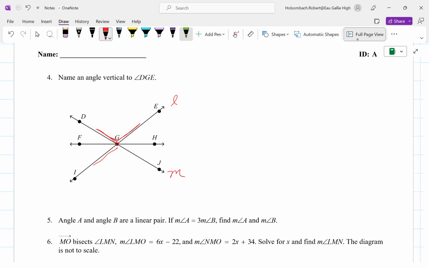And these two angles are called vertical angles. And this angle has two different ways of naming it. You could name it IGJ or JGI. Those are the two angles that are vertical to DGE. They're opposite of each other. They are congruent to each other.